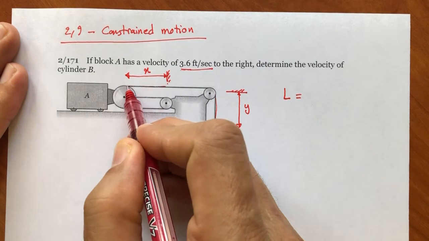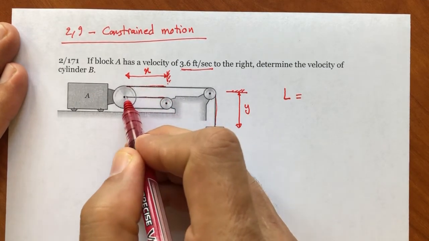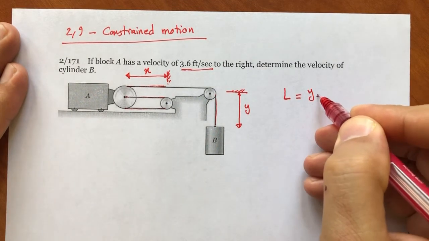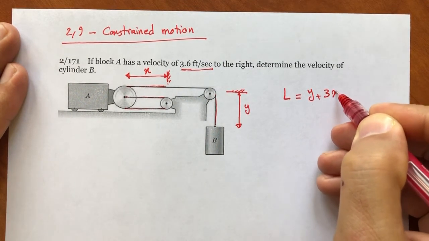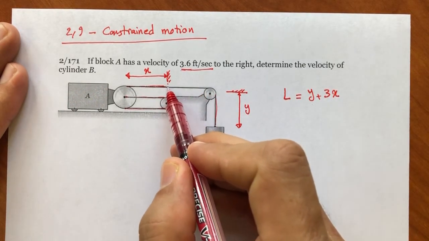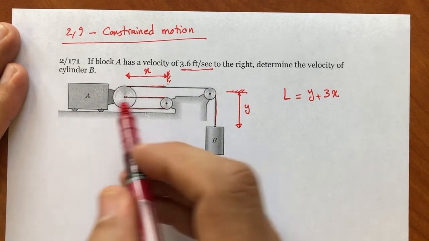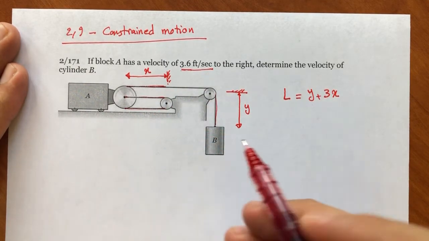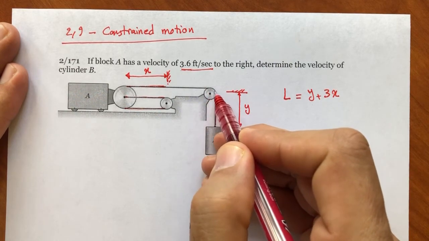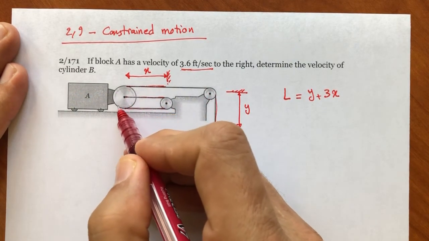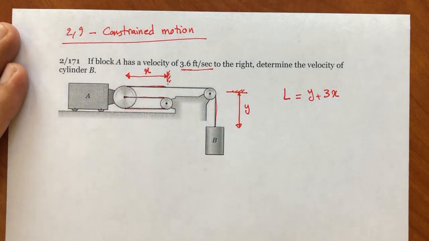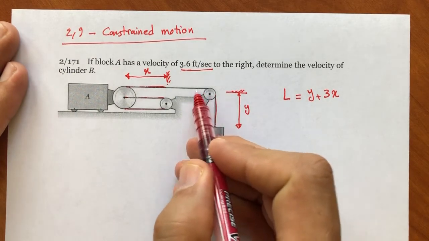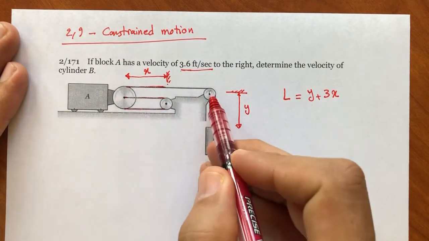And also from here to here of the cable, same thing here and same thing here, they are equal to X. So I'm going to have Y plus 3 times X. And all the time, it doesn't matter where the location of B or A is, I'm going to have this constant length, independent from the location of A and B. And also a piece of the cable here, a piece of it here, a piece of it here, these lengths are not changing with the movement of A and B. So I'm going to have a constant number here, here, and here.